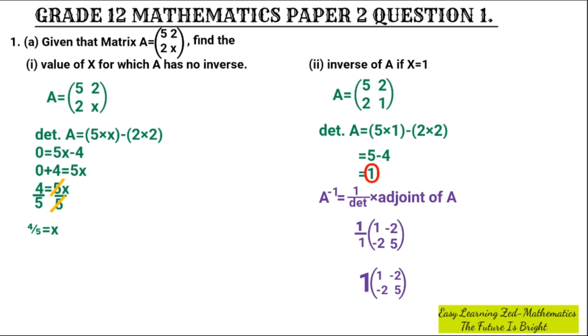I open the brackets, then 1 multiplied by 1 gives me 1. 1 multiplied by negative 2 on top gives me negative 2. Then coming down, 1 multiplied by negative 2 gives me negative 2, and 1 multiplied by 5 gives me 5. Then I close the bracket. And now this is the inverse of matrix A: 1, negative 2, negative 2, 5.